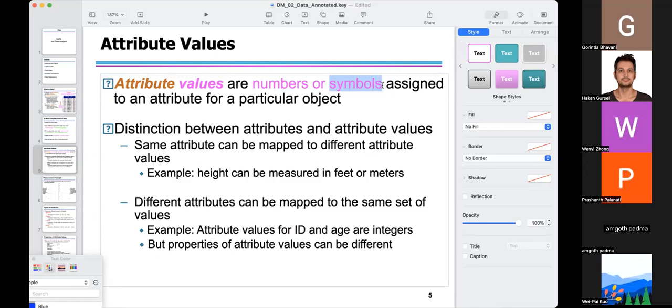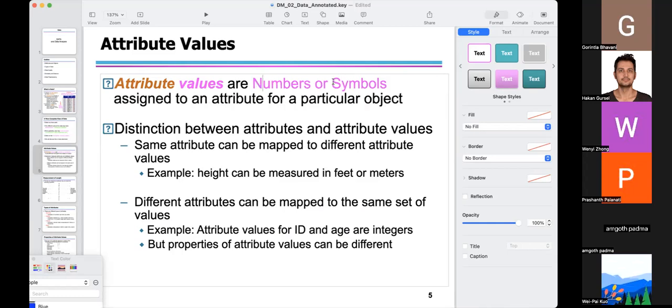They can be numbers, negative, positive, floating point numbers, whole numbers, or they could be other things like images or sounds. This could be a musical database. So really, they can be anything. So we have to define the type of the data that we are putting into the table.